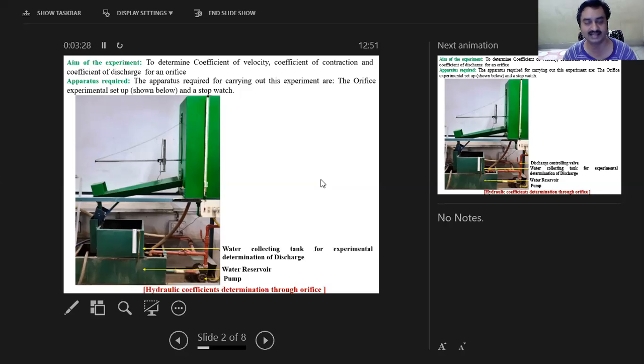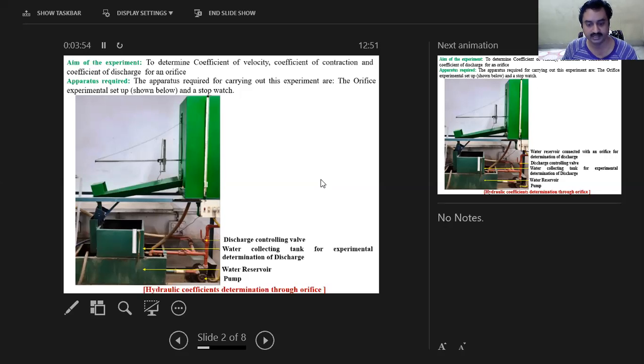You are already aware that this kind of tank is a common feature of almost all the experimental setups we are discussing. So this tank is used to calculate the actual discharge, that is, the volume of water collected divided by the time taken to collect that volume. That ratio gives you the actual discharge.